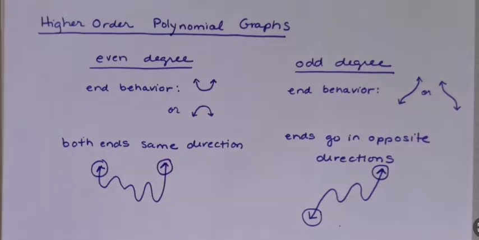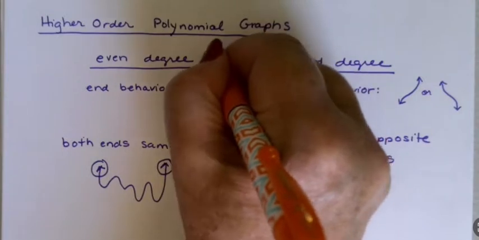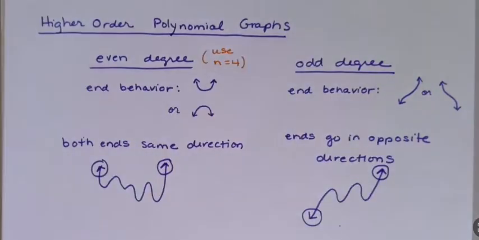For the purposes of this class, when you're modeling, when you're doing your data tables and trying to come up with a model, we will never have anything bigger than fourth degree and third degree. So if it's even degree, we're going to use n equals 4 or a fourth degree polynomial.